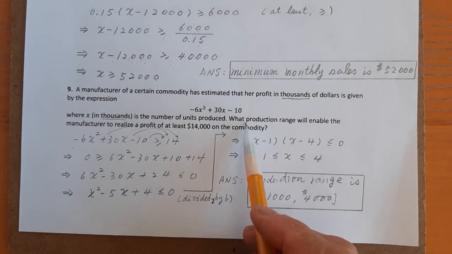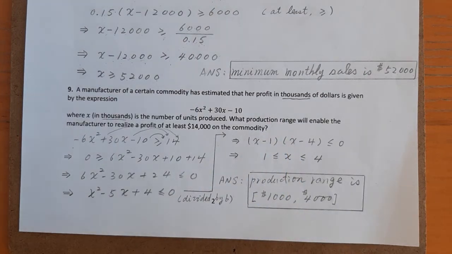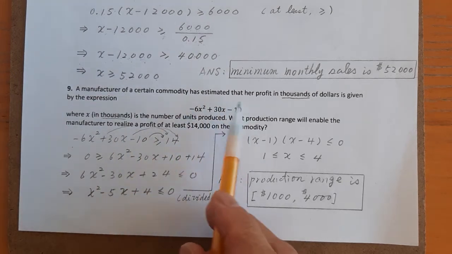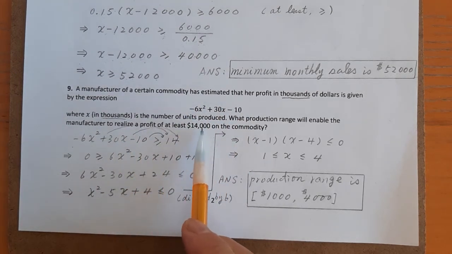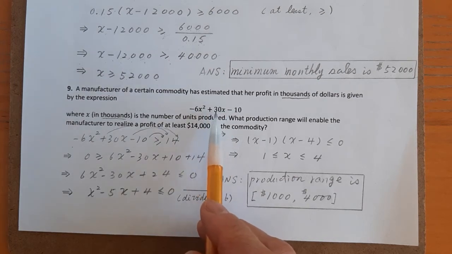So the question: what production range, what is the x production range, will enable the manufacturer to realize a profit of at least $14,000?